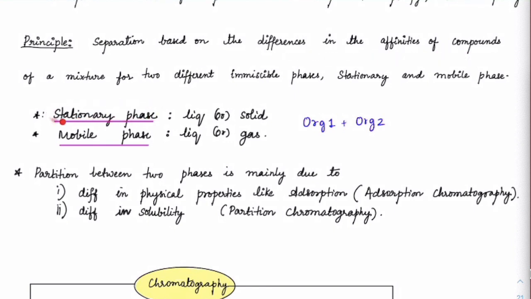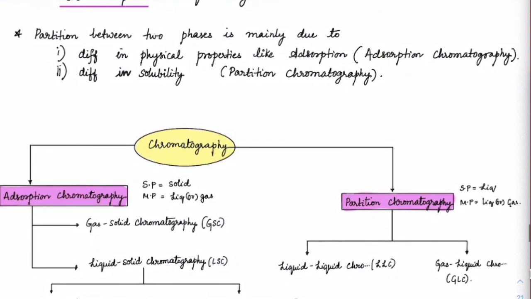We will have two phases, stationary phase and mobile phase. Stationary phase is always a liquid or a solid, while mobile phase will always be either a liquid or a gas. Now chromatography can be divided into two categories: adsorption chromatography and partition chromatography.